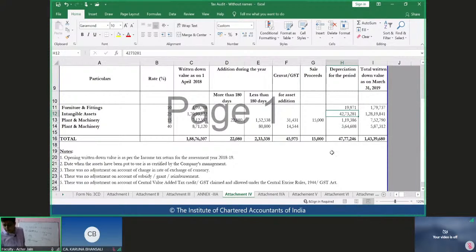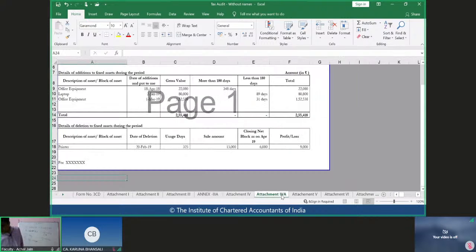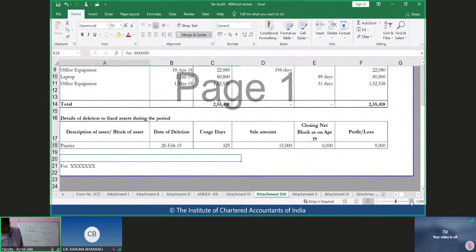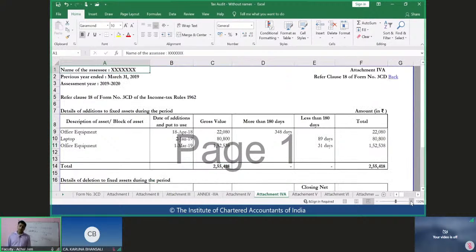Other than this, there is another procedure which the auditor would require to perform and which would have been reported by the management. This is about details of additions to the fixed assets during the period or during the year.